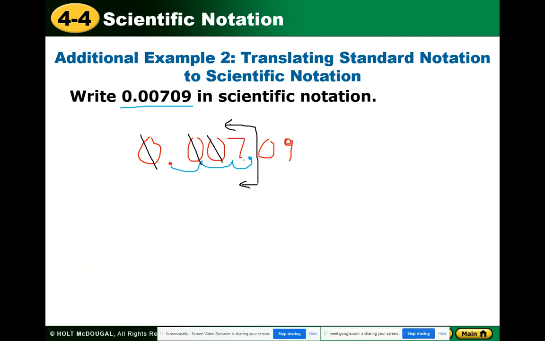So now I can write this as 7.09, since Lucas put the decimal in the right spot, times 10. And Lucas said the exponent was going to be negative because that number was smaller than 1. But what is the exponent, Lucas? Do you remember how to get that?